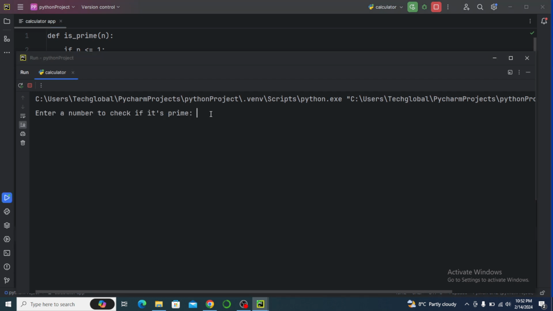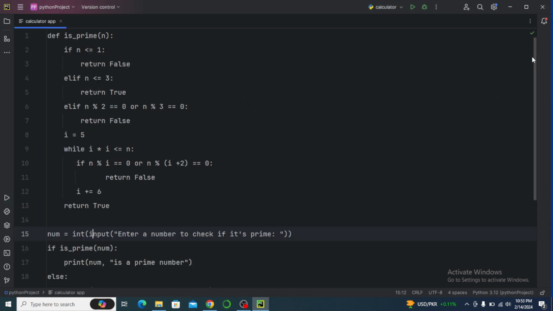Let's see 177. 177 is not a prime number. Let's see 179. 179 is a prime number. Okay. So we've tried our code. It's working fine. It's working well.